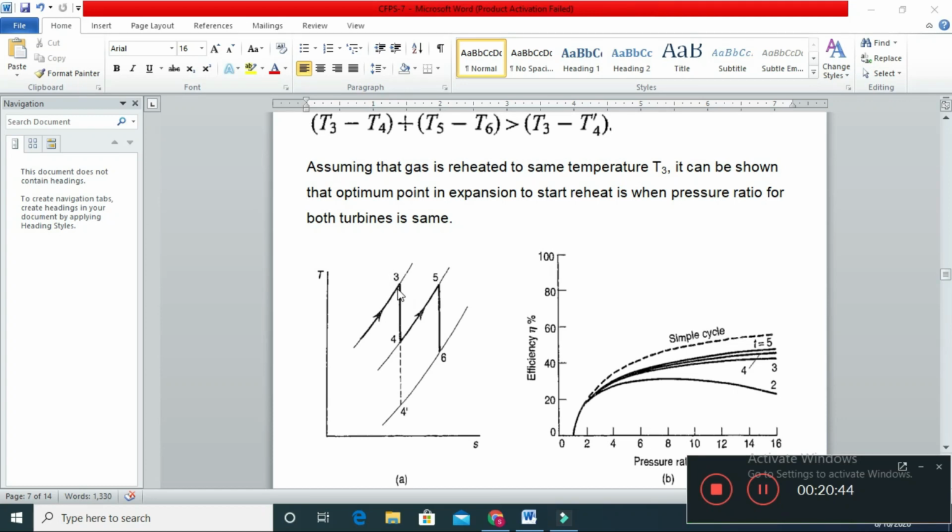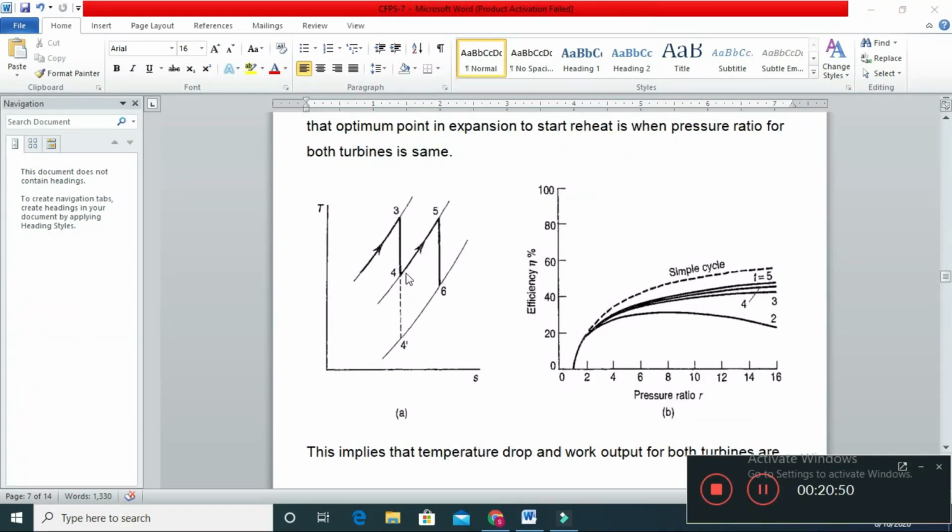So we cannot go beyond a certain temperature value, but we can perform the reheating after the expansion process in one turbine, one section of a turbine. We can further reheat and achieve the temperature same as previous, and then we further expand.